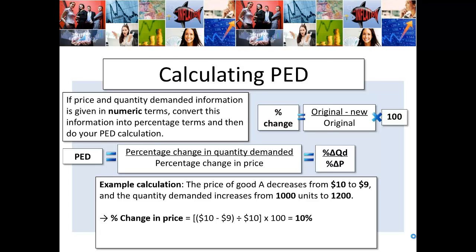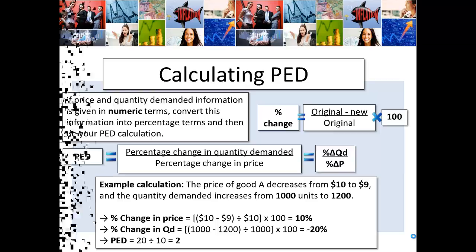So the change in price works out to be 10%, and the percentage change in quantity demanded, we work that out in exactly the same manner, and that turns out to be negative 20%. It's a decrease in quantity demanded as the price increases. But again, the negative number is not informative, so we get rid of it, just take the absolute value. Price elasticity of demand turns out to be 20% divided by 10%, which gives us the value of 2, the coefficient of 2.